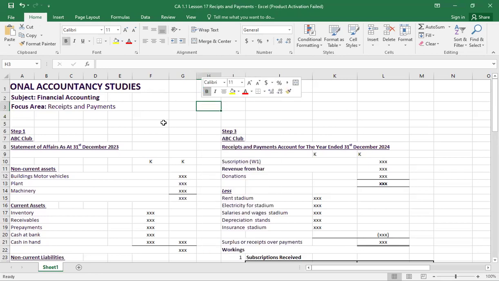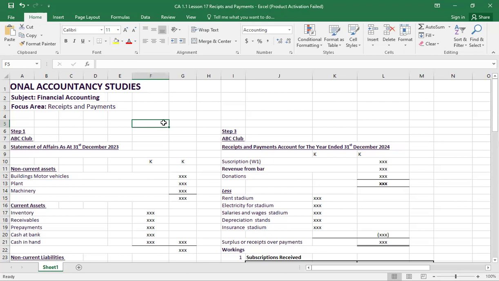So their major orientation is not profit making, but rather to provide a service to their members. So large quantities of their proceeds, income comes from these subscriptions that they have. Of course, they might have other aspects that generate income, but primarily they make money from subscriptions.